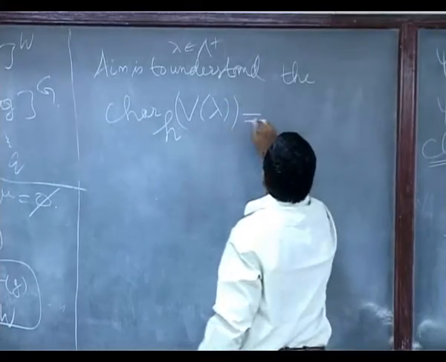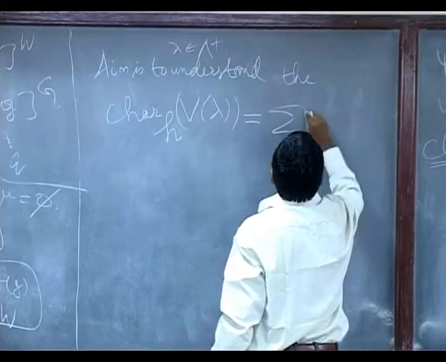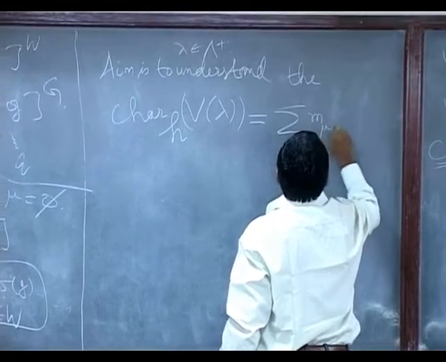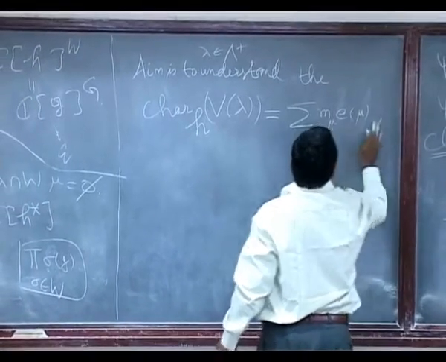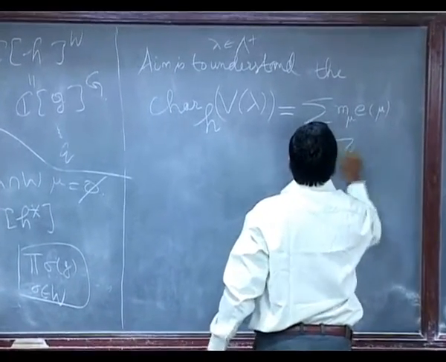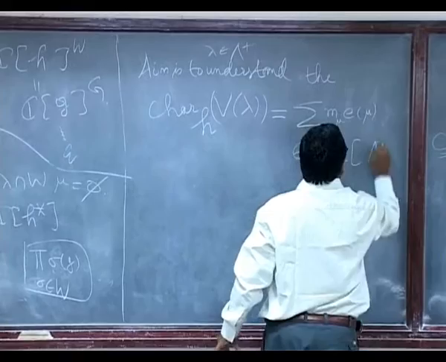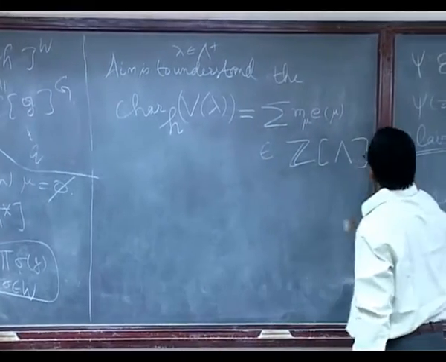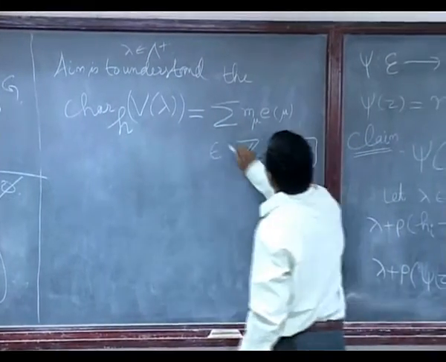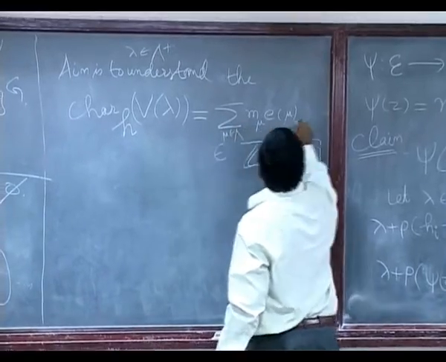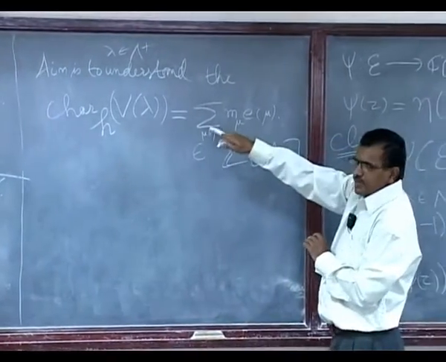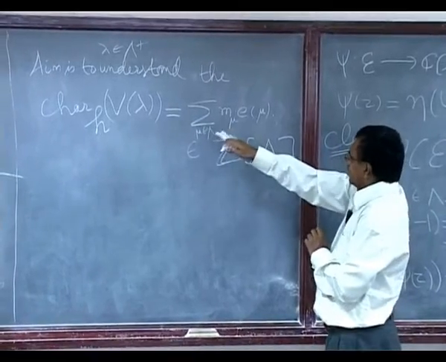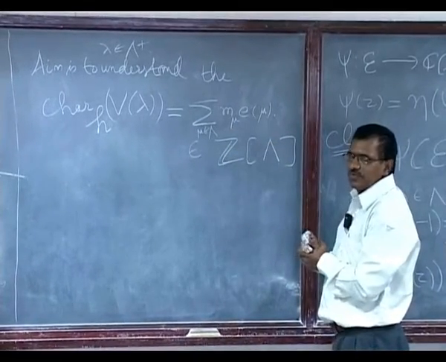That will be some sum of m mu e^mu, as an element of Z lambda, so the mu's are in lambda. Of course, this is a finite linear combination because V lambda is a finite dimensional module. So this is a finite sum.